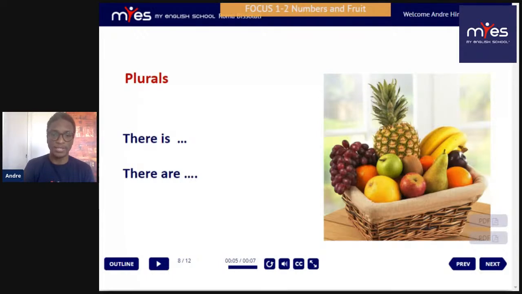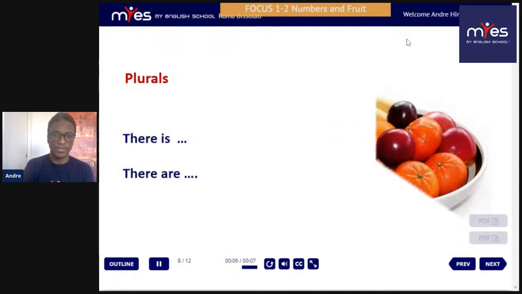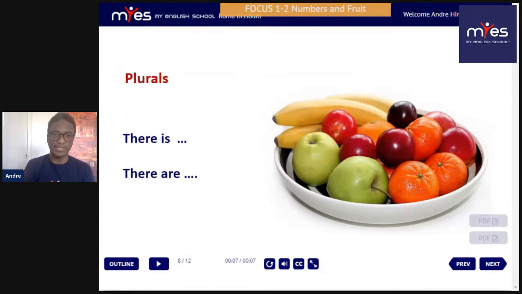Now, let's continue. Let's see some more fruit. So we have some other fruit. So there are 2 apples, 2 green apples. There are 2 red apples on the right.